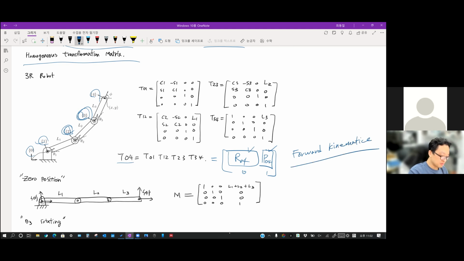Forward kinematics means that given theta 1, theta 2, theta 3, and theta 4, we calculate the position of the end effector.